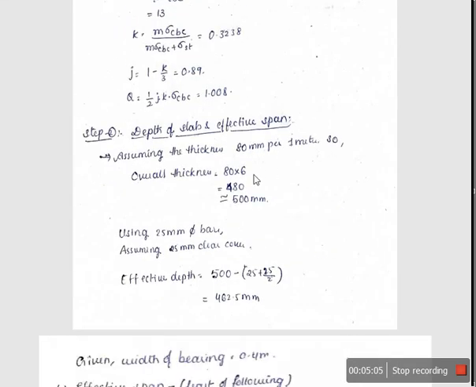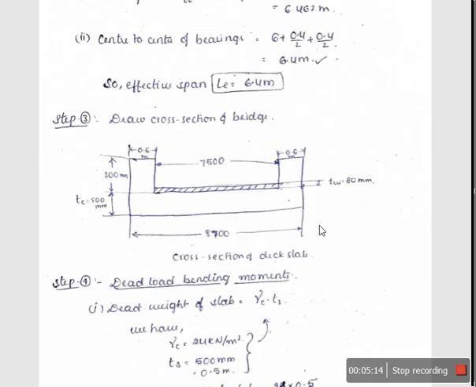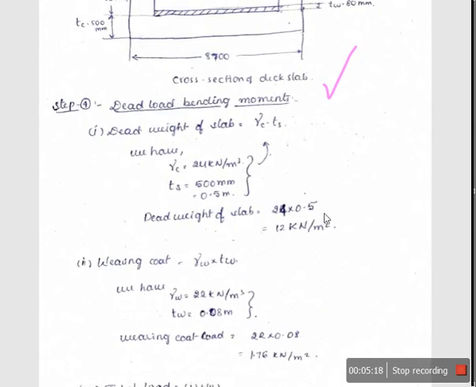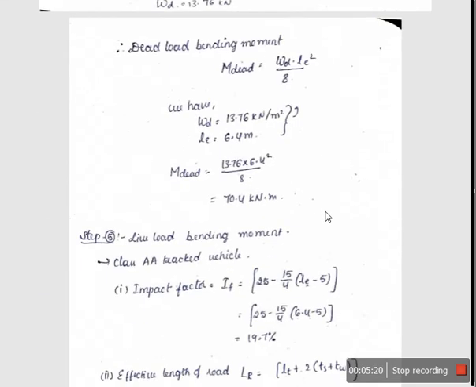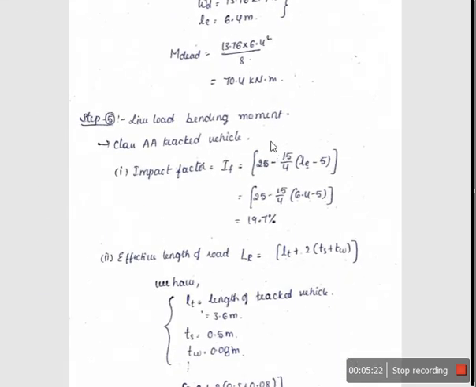We assume the depth of the slab as 80 mm per meter of span, so it comes to about 500 mm. Then we calculate the dead load of the slab and the wearing coat. For the AA tracked vehicle, we take the impact factor from IRC 6.